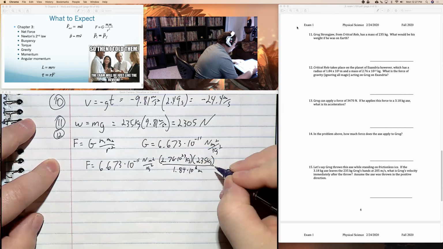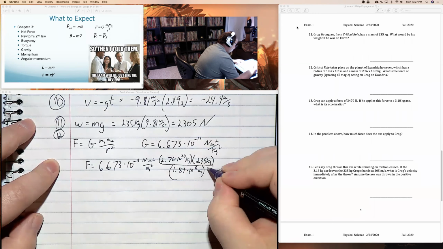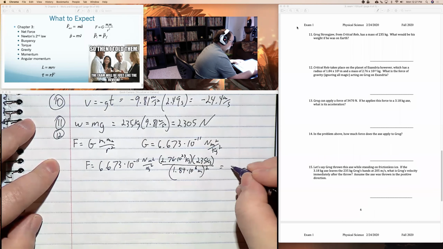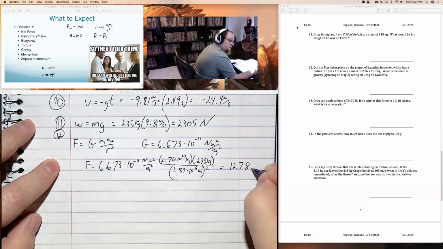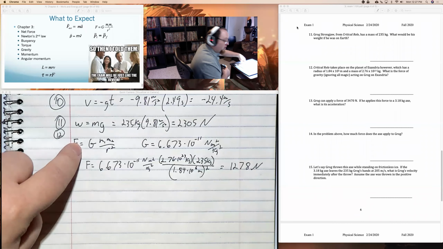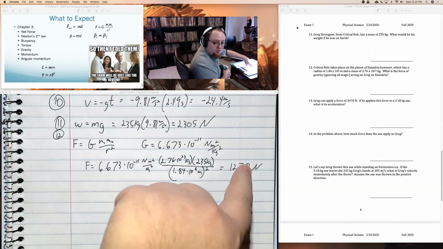I love how the radius of the planet is a known quantity, which is squared. Once again, 3 points for the equation, 2 for the answer.